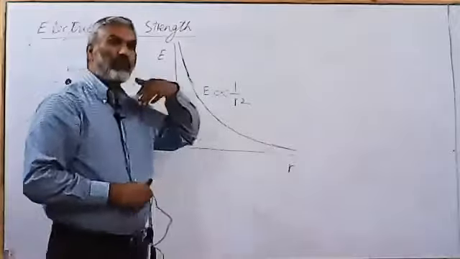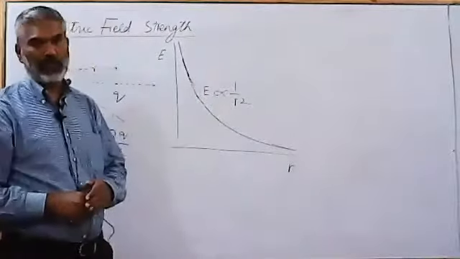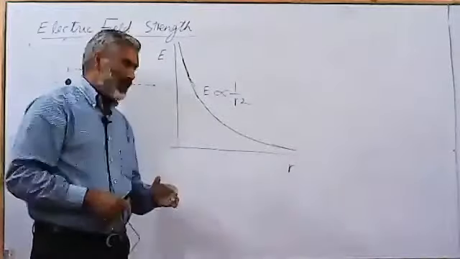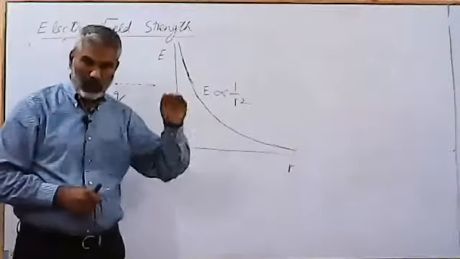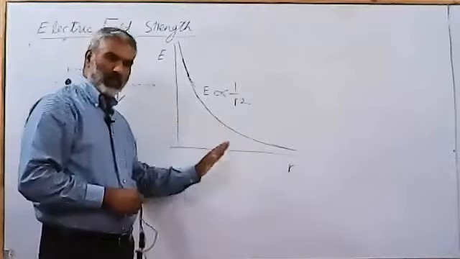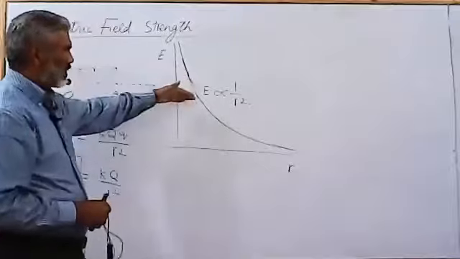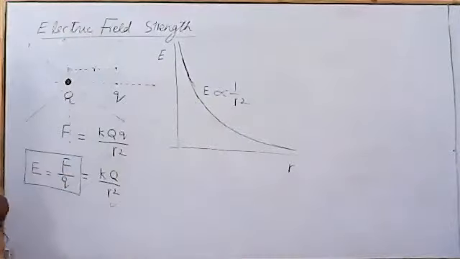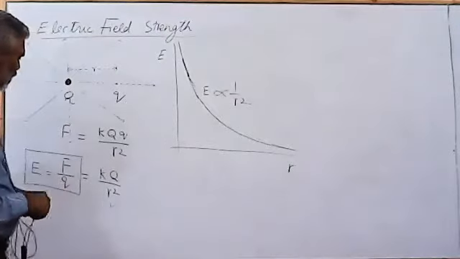Just like the force reduces to 1/4 of its original value if we double the distance between the two charges, similarly electric field strength reduces to 1/4 of its original value if the distance is doubled. If the distance is made 3 times as much, the electric field strength reduces to 1/9 of its original value. So the inverse square law is again at work here.